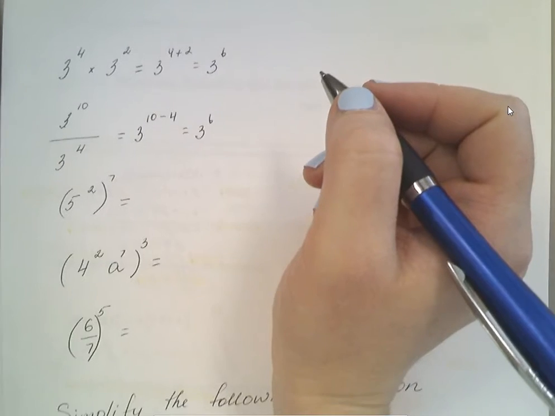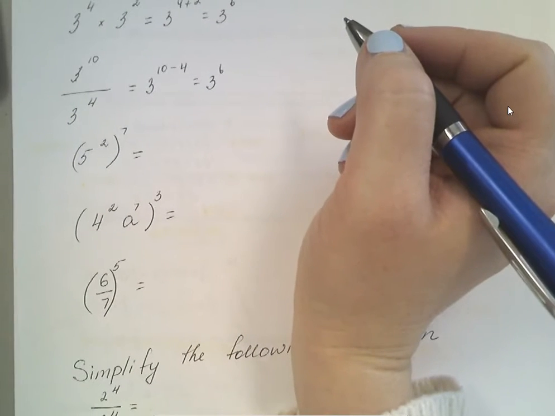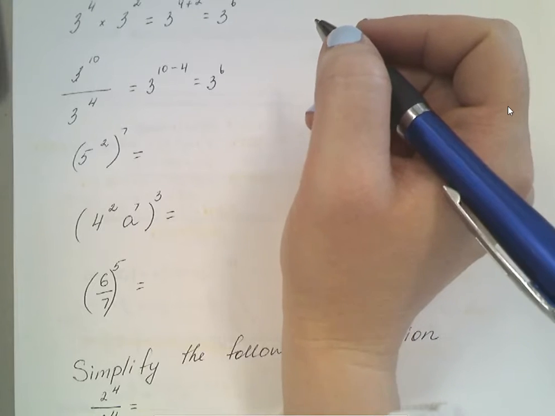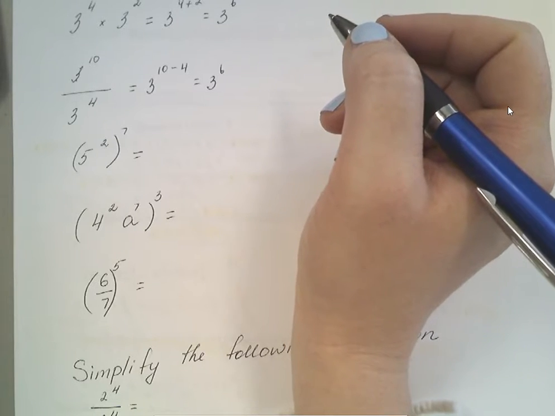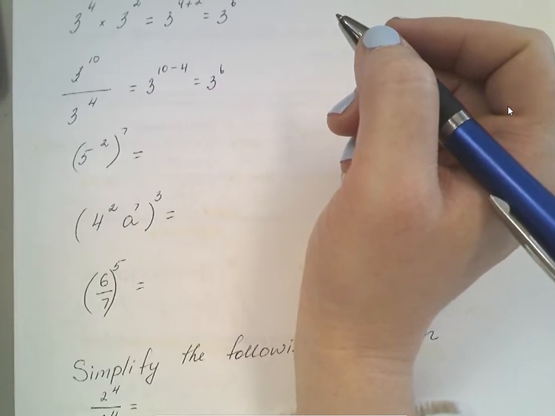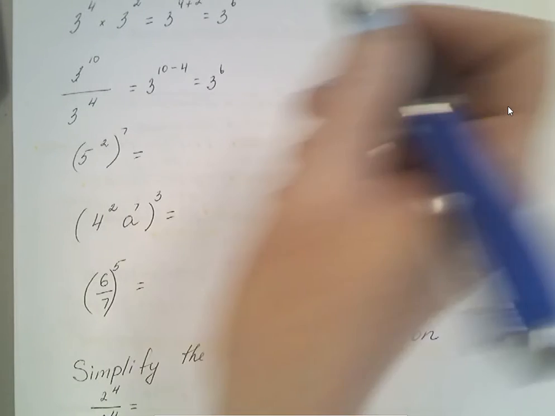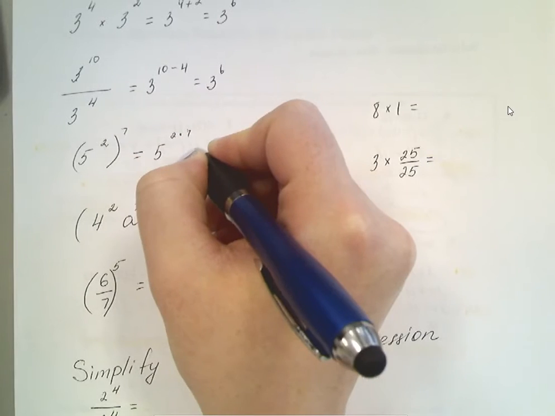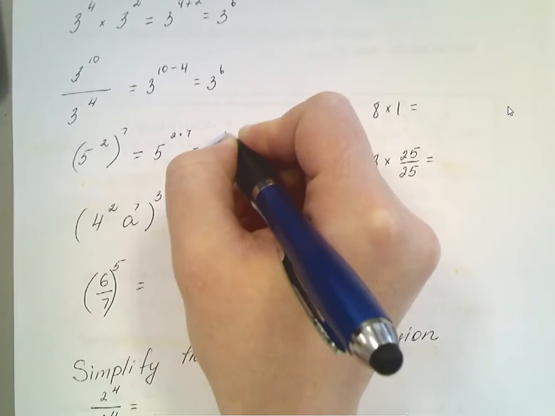Okay, next one is 5 to the 2nd raised to the 7th power. 5 to the 2nd is 5 times 5, and I'm multiplying that by itself 7 times. That makes it 5 to the power of 2 times 7, which is 5 to the 14th power.